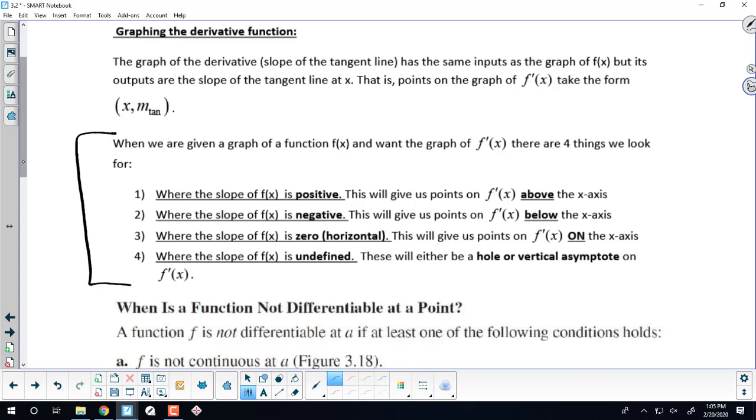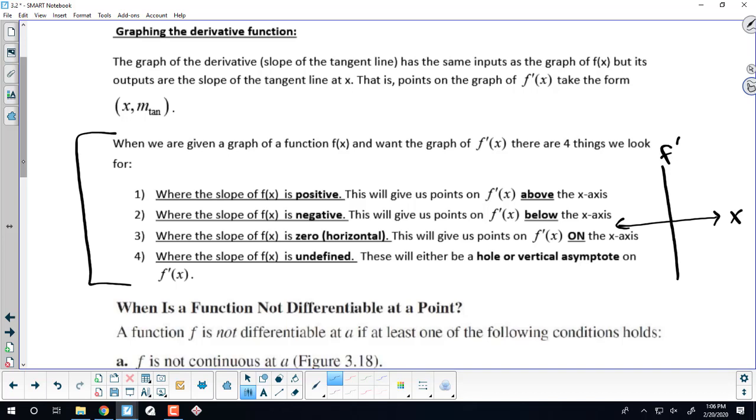We're going to look for when the slope is positive, when the slope is negative, when the slope is horizontal, and when the slope is undefined. So anytime we graph a derivative, like if this is f prime, it's still going to share the same x values. But the outputs when we graph the derivative are simply the slopes. If I put my pencil down on that curve, is the slope positive or is the slope negative?